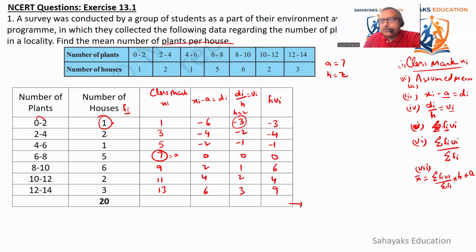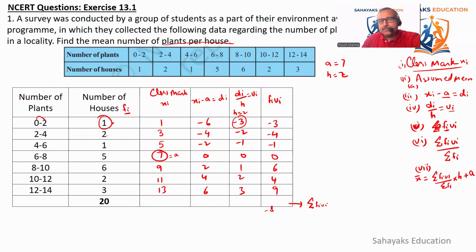Now we're going to find this value. It is called sigma fi ui, basically the sum of all these values. The positive values add up to 19, and the negative values add up to minus 8.